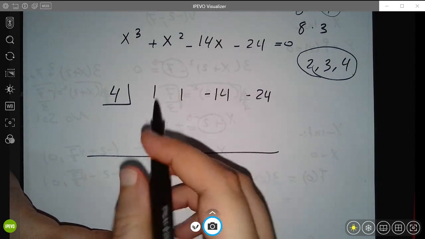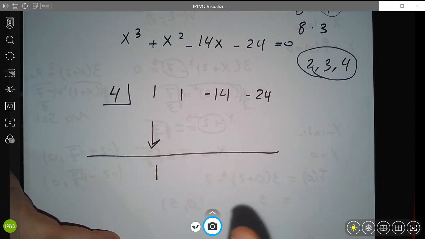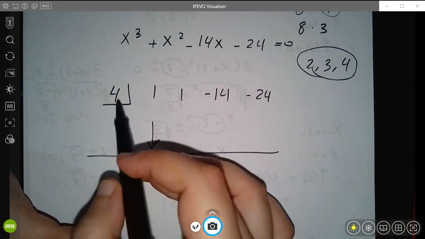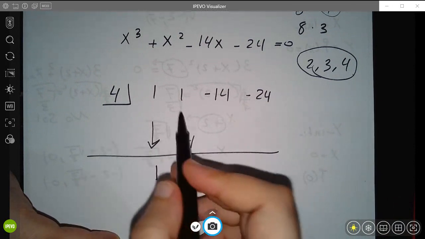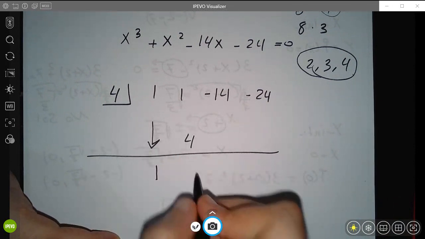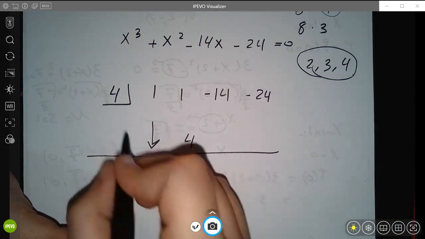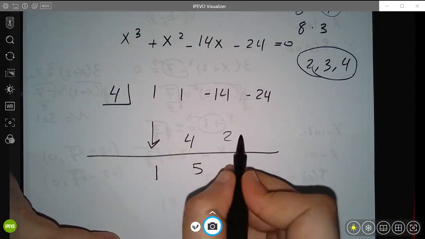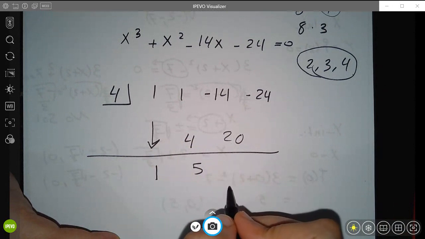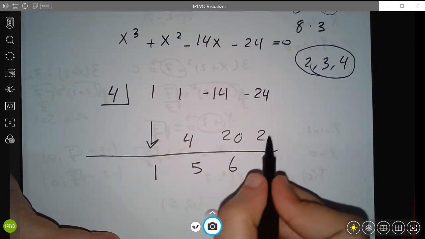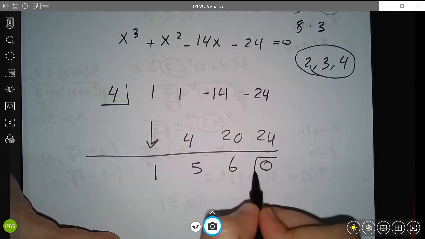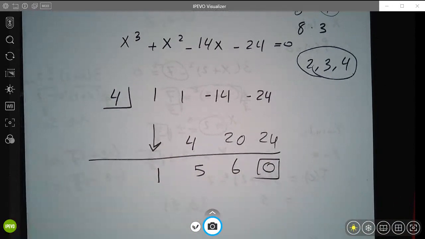So to start, the first number goes down directly. You don't touch it. Then you multiply it by the number in here. So 4 times 1 is 4. You add 4 plus 1 is 5. 5 times the 4 is 20. Addition gives you a positive 6. 6 times 4 is 24. 24 plus negative 24 is 0.